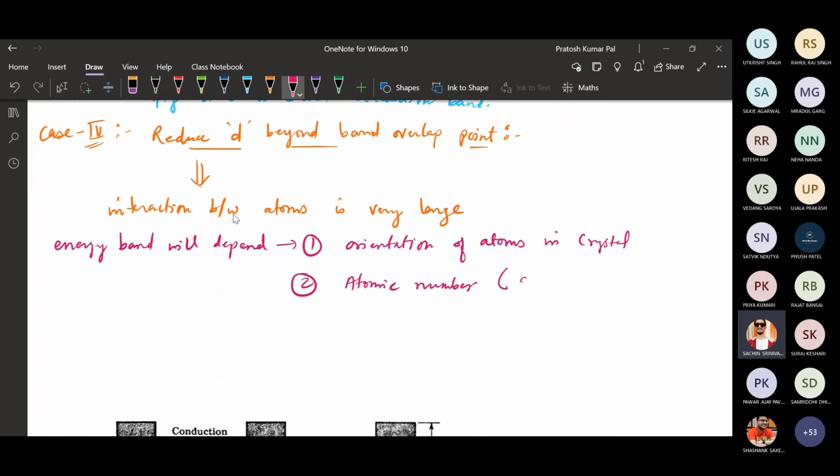As the atomic number is high, that means more electrons will be in the outer shell, so the ability to conduct current in the case of a higher atomic number in the outer shell will affect the electrical conduction property of that particular crystal. So a higher atomic number affects the electrical conduction property.